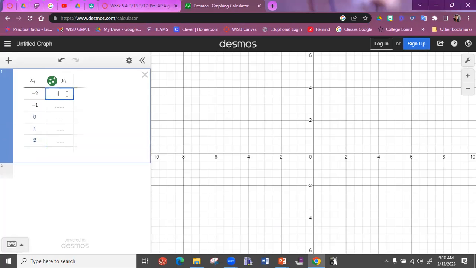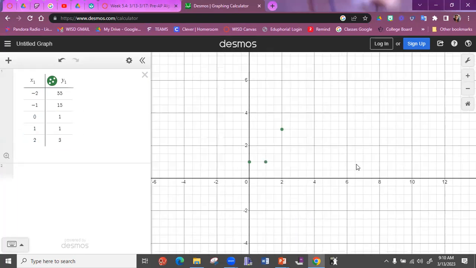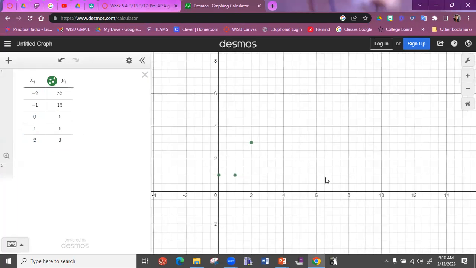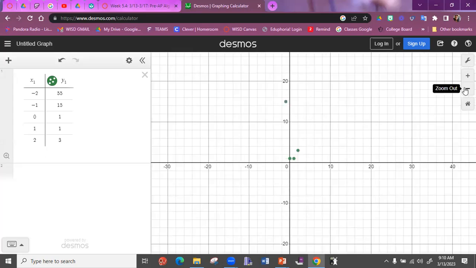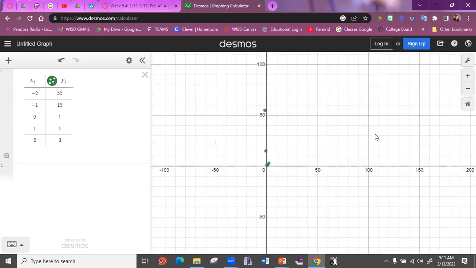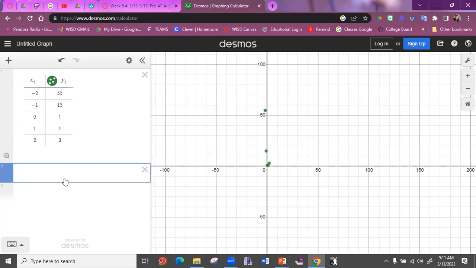What were our y values? 55, 15, 1, and 3. It's going to plot them for us. As you can see, you can zoom out if you can't see them all. Now in y2, that's where we're writing everything.